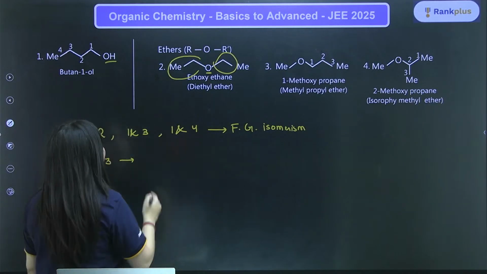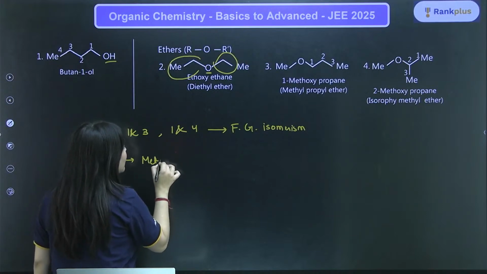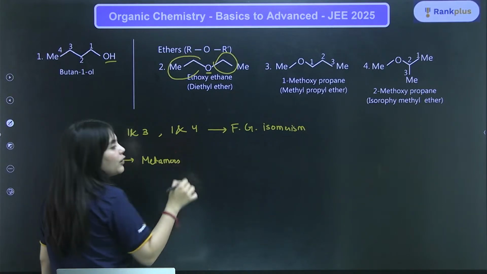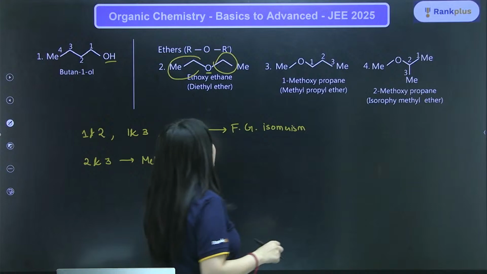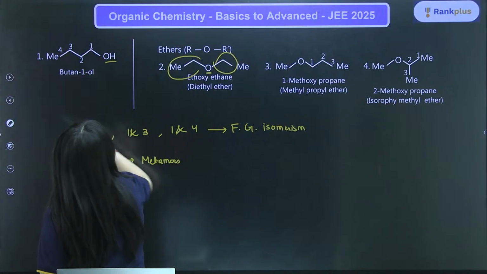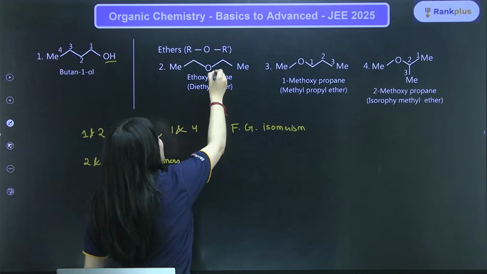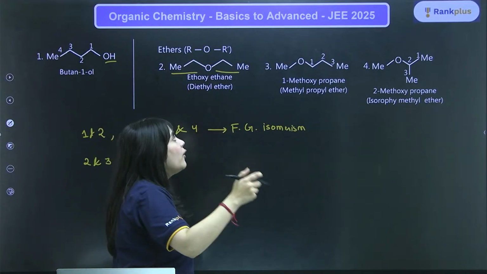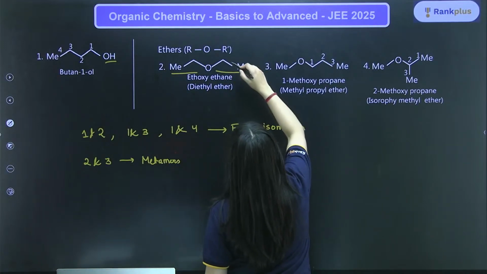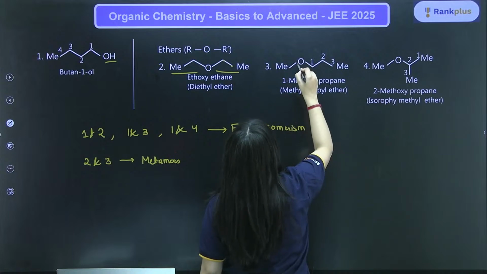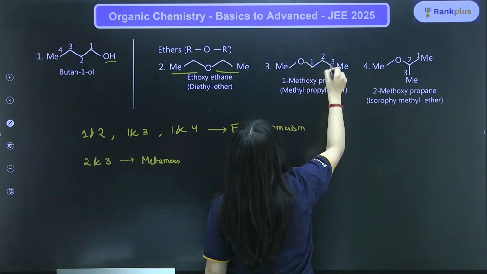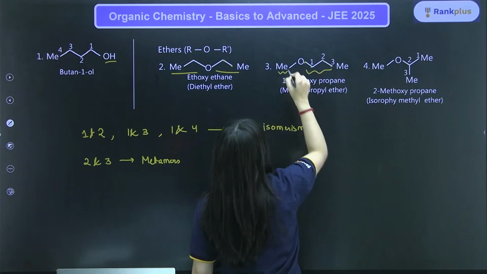So 2 and 3 are actually metamers, that's what I taught you just 2 minutes ago. Why? Because the length of the chain around the heteroatom is changing. Here around the heteroatom, 2 atoms are there. Here around the oxygen, 3 atoms are on one side and 1 atom is on the other.